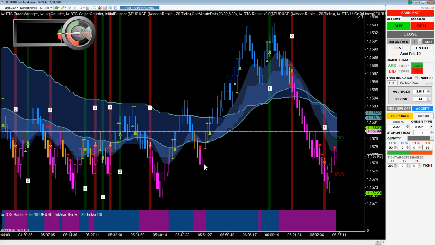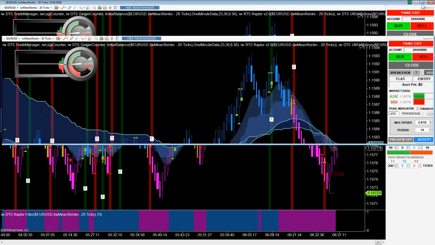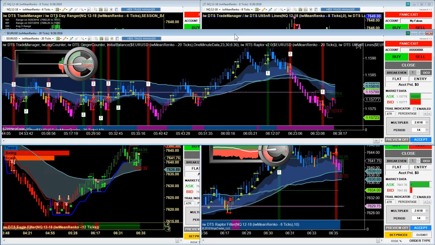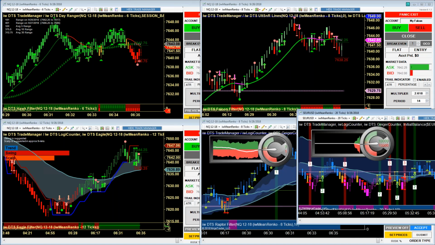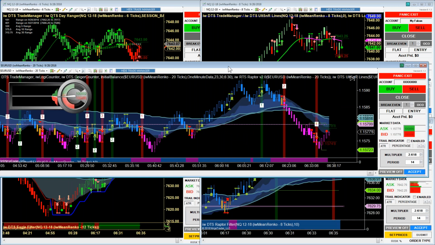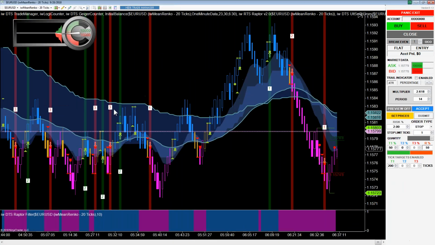That is one nice thing about the Raptor, it gives you the ability to adjust brick sizes. Here with the Eagle, the Falcon, and the Hawk, that programming is pretty much locked. You're not going to change those. You can change your brick size, but here on the Raptor, there's a lot more things that you can change.